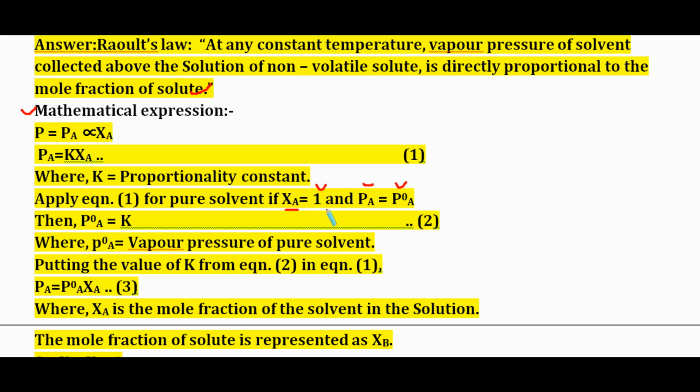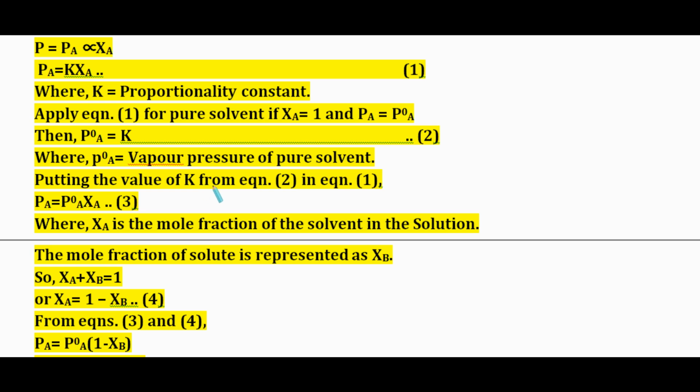So XA is written as 1 and PA is written as P naught A. Then by putting the values we get P naught A equal to K, and we get the second equation. Now putting the value of K from equation second in equation first, PA is written as P naught A into XA. This is equation third.